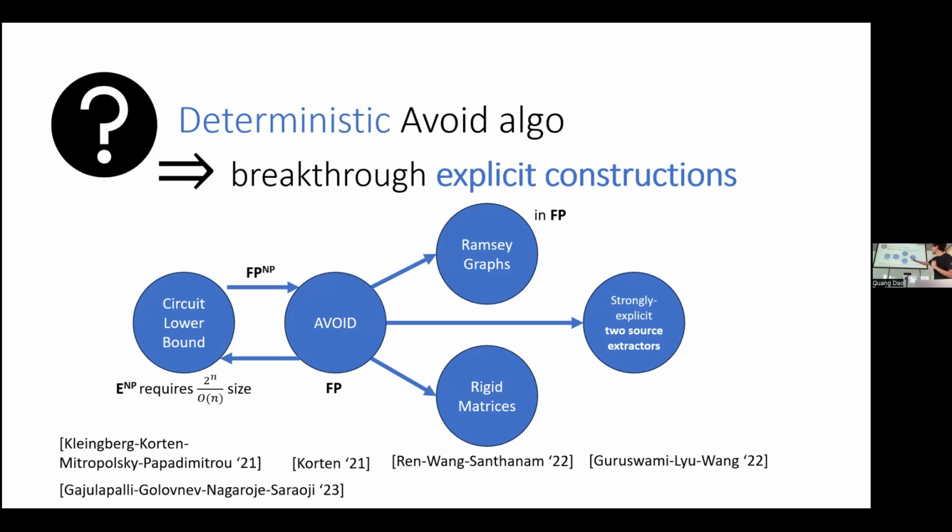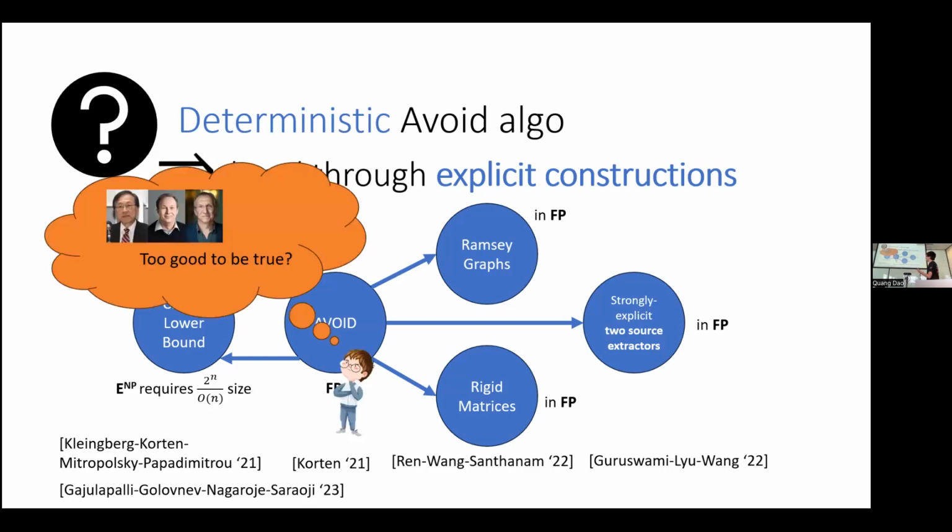And you also get a polynomial time algorithm for Ramsey graphs, polynomial time for two-source extractors, and polynomial time for rigid matrices. You get everything. So a natural idea is that considering all these problems are so hard, it may be too good to be true, because if it's in polynomial time, then all of these problems are automatically solved.